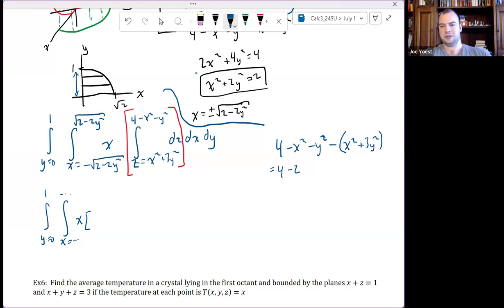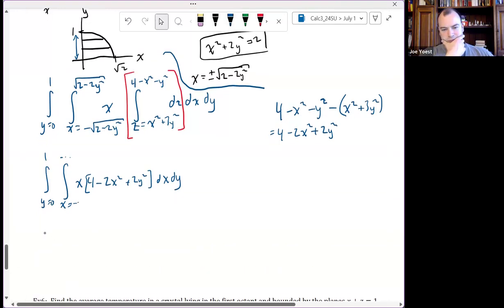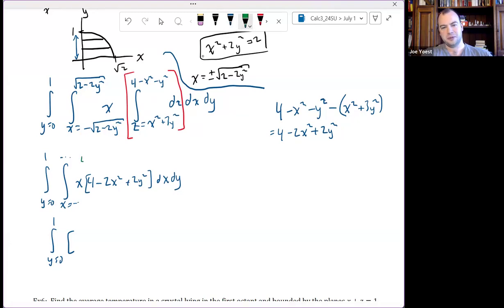So 4 minus 2x squared, and then plus 2y squared, dx dy. This gives me the integral y equals 0 to 1 of, well, I'm just going to do a little bit of scratch work up here.